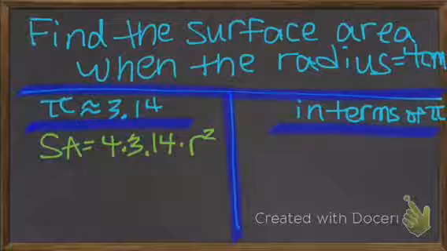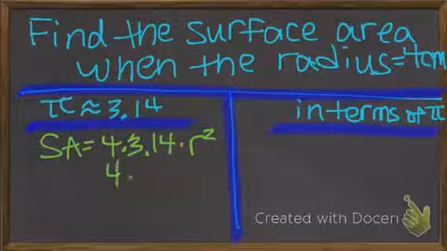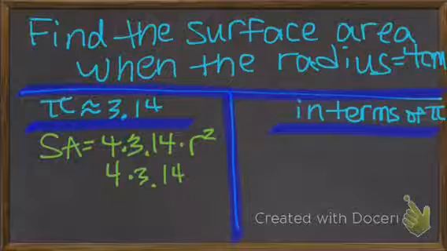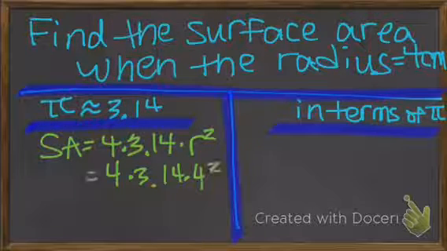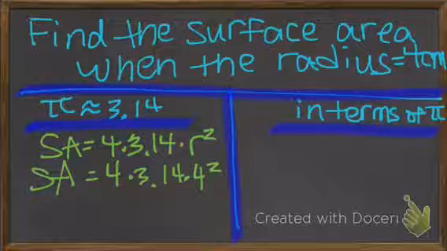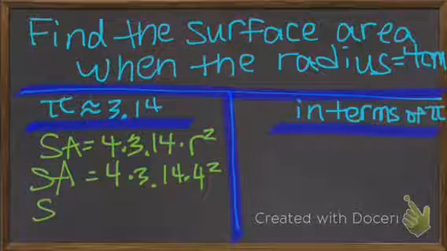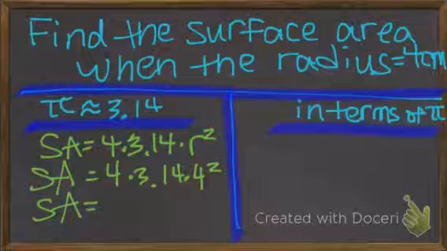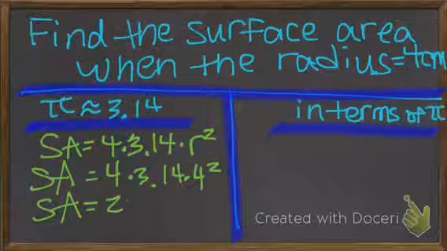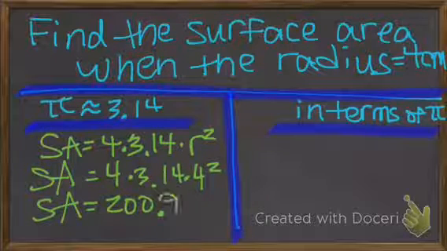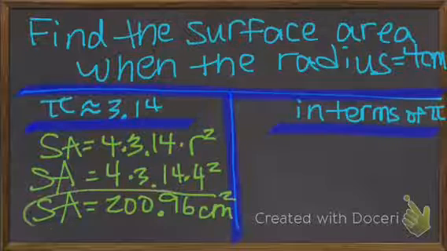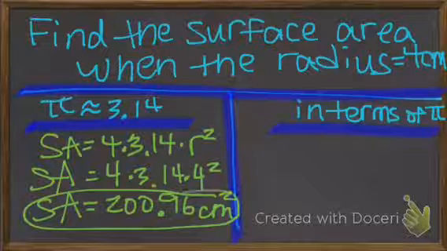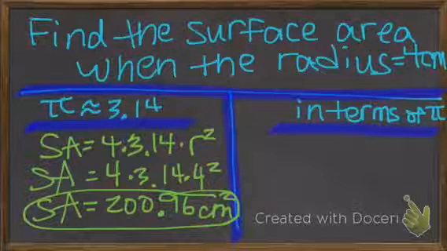So that is 4 times 3.14 times our radius, 4, squared. And if I put that all in my calculator, I end up getting that the surface area is equal to 200.96 centimeters squared. So when I approximate pi as being 3.14, that is what I get.